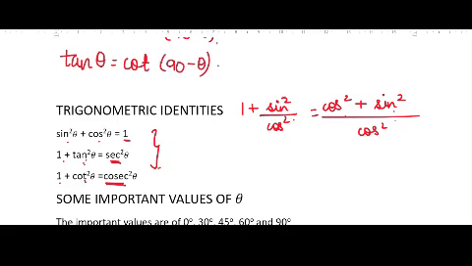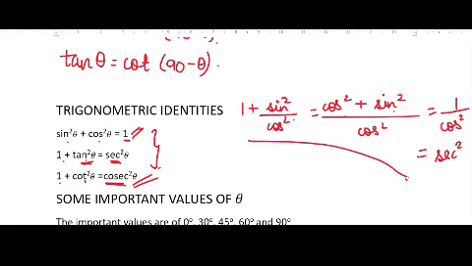Now you know sine square plus cos square is equal to 1, so it becomes 1 upon cos square. And we all know that 1 upon cos is sec, so 1 upon cos square becomes sec square. Similarly, you can also derive the other one. If you're not able to derive it, do leave it in the comments and I'll show you the derivation of that as well. But suppose you remember 1 plus tan square theta is equal to something, and you're not able to figure out what that something is, at that moment you can just find out what it is equal to in this one line.